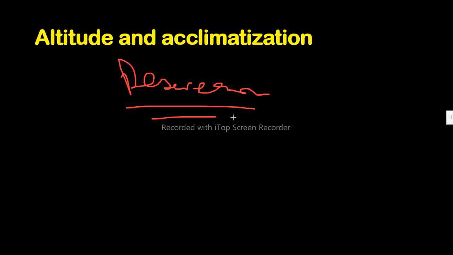So therefore, if the question says, describe how carbon dioxide levels are maintained, you talk about all this. And it's the respiratory center and the cardiovascular center that are responsible for that.